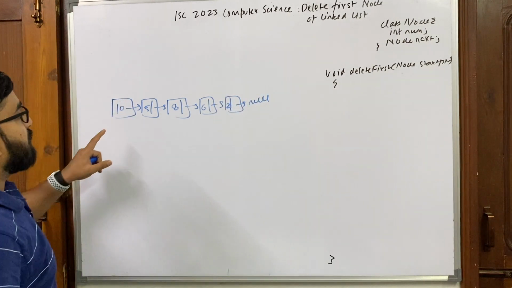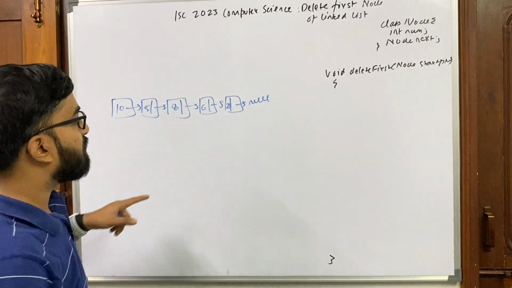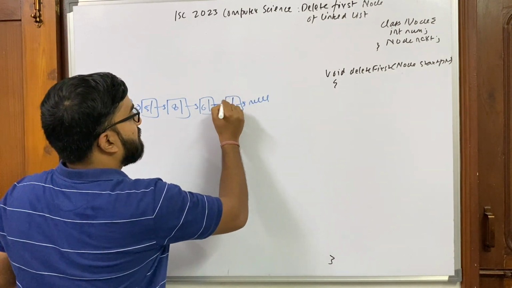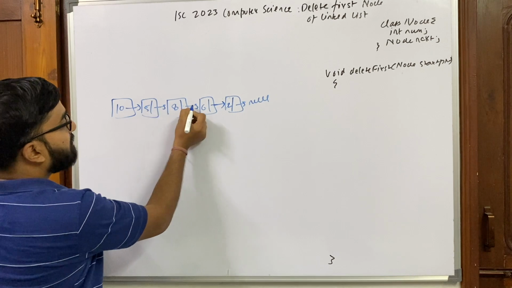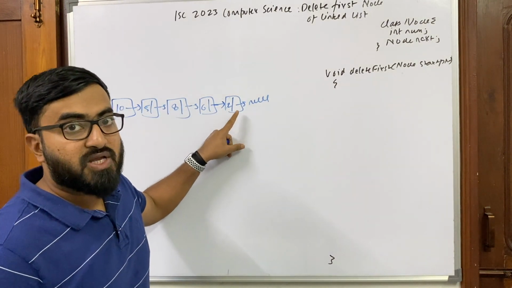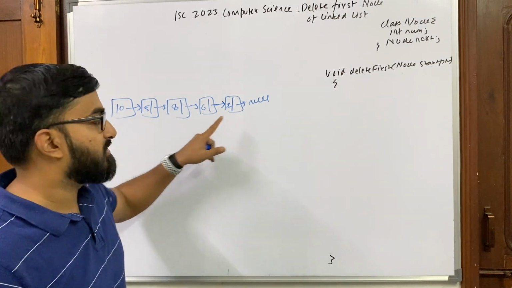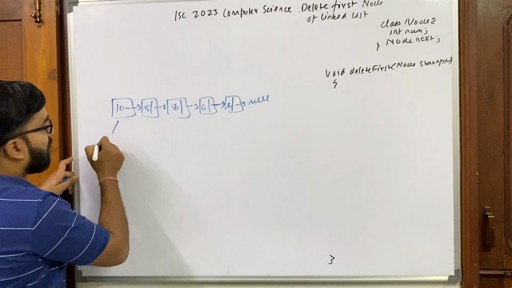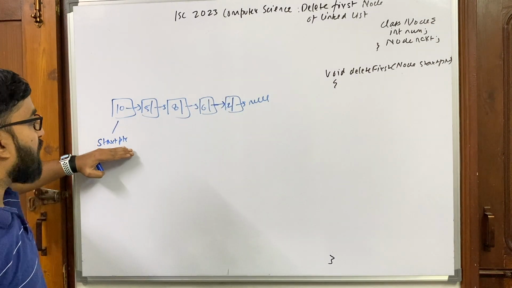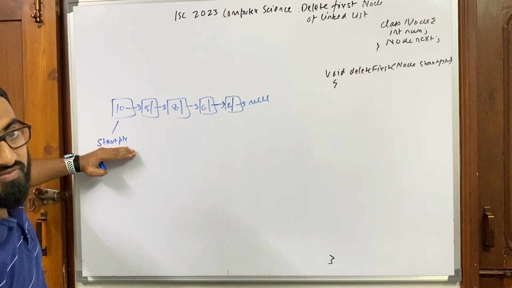The data is an integer in each of these nodes, and this link is the next, pointing to the next node, and the next of the last node is going to be null. This is standard for a linked list, and this is what defines the last node and the end of the linked list. Start pointer is pointing to the first node in the linked list. And again, start pointer is very important because this is what stores the linked list.